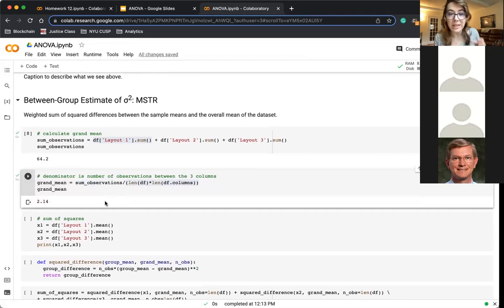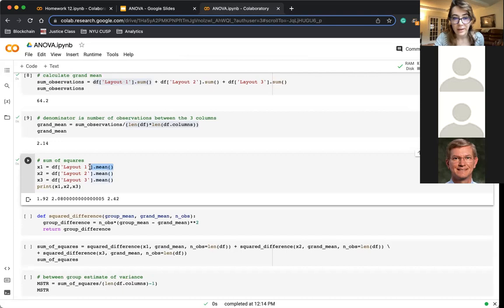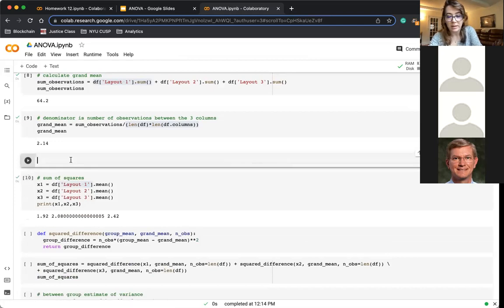We now want to compare each of the store layout means to this grand mean and take the squared difference. So next, I will calculate the mean of each layout using the function we're familiar with at this point, dot mean, for the 3 different layouts. I'd recommend checking out a recent thread on Slack where a student asked when we would need to specify a column using this type of syntax compared to something like df dot layout 1.